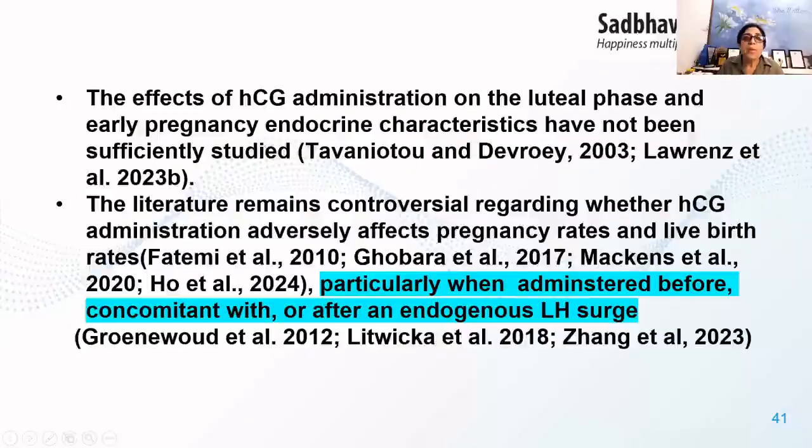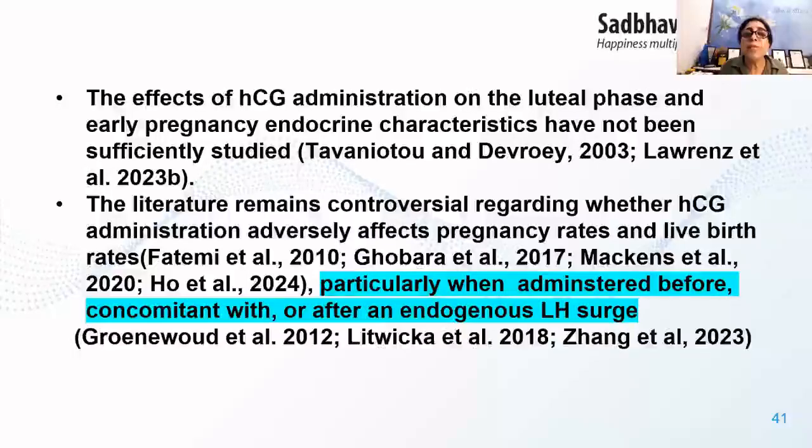So, as I was saying, the downside of HCG is that the trigger gives rise to a sudden endogenous increase in progesterone levels, which is not what normally happens. Normally the progesterone rises very gradually, 1.5 on the day of ovulation and after that 3 nanograms. But when we give HCG, the levels go straight to around 100 to 150 nanograms.